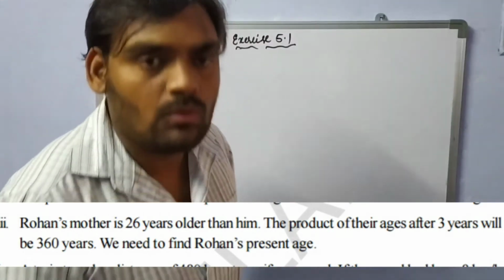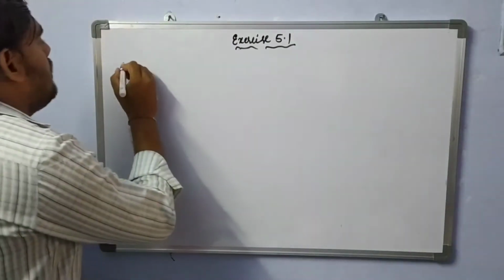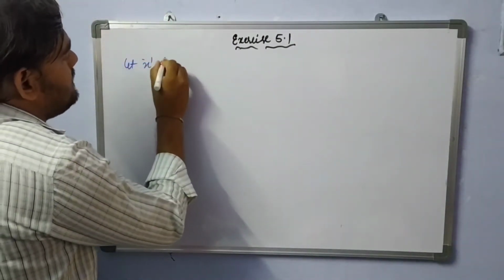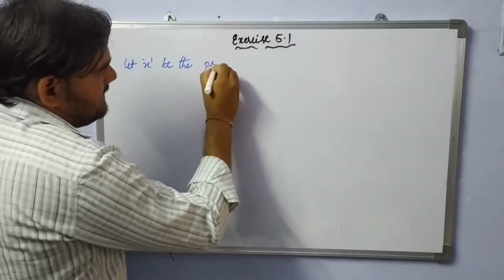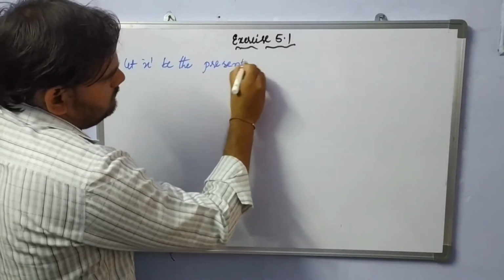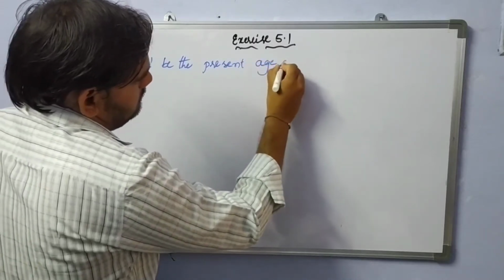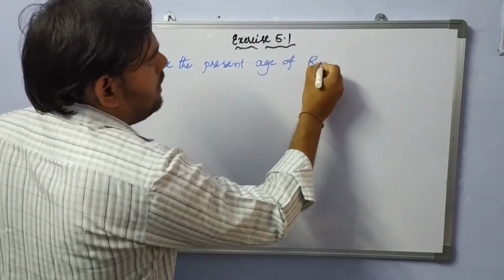See here, first we need to assume, let x be the present age of Rohan.